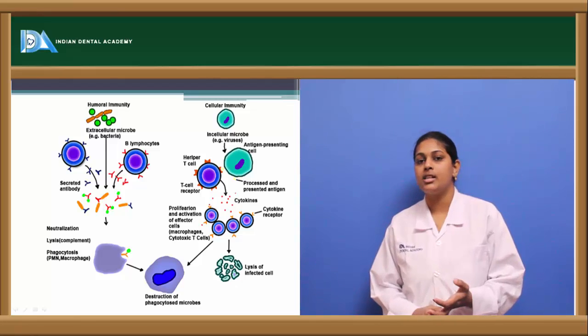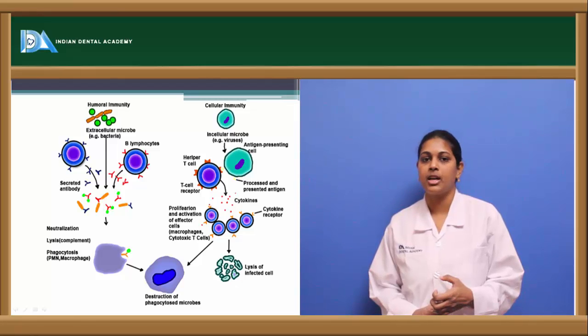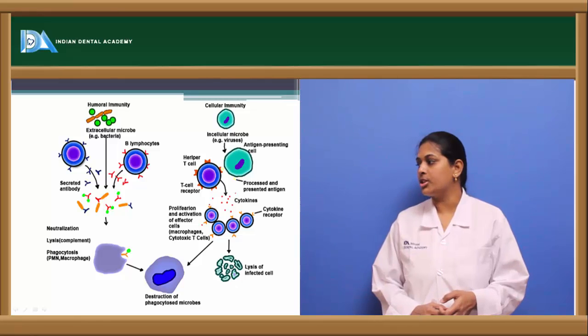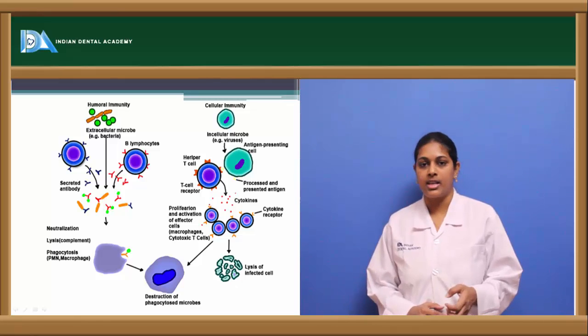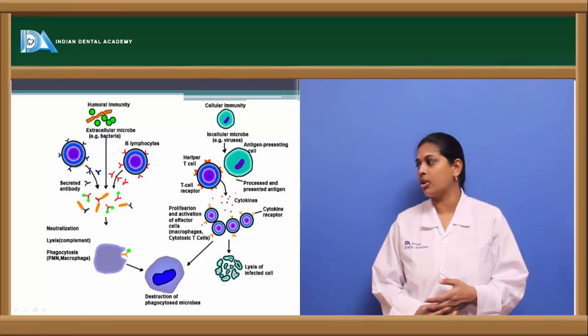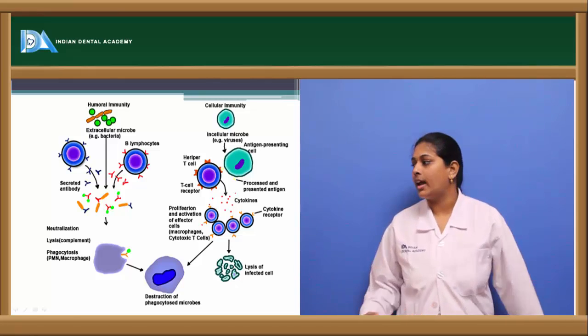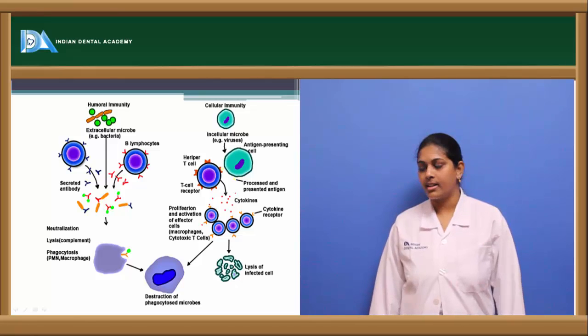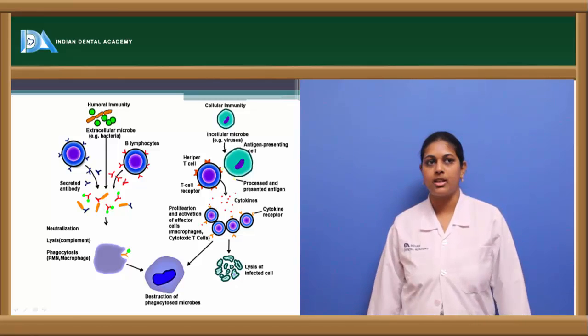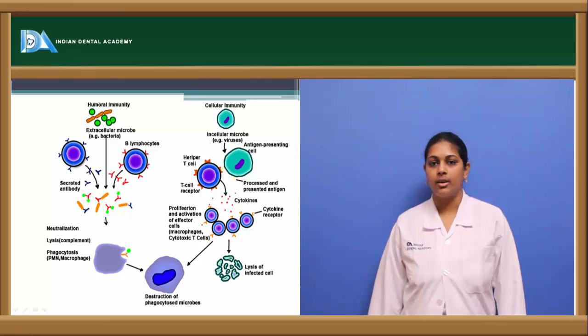The T helper cells, which contain the specific receptors, that is the CD4 plus cells, release the cytokines, and these cytokines attract to the receptors present on the T lymphocytes and cause the proliferation and activation of the effector T cells, and they cause the lysis of the infected cell and result in phagocytosis. This is what happens in cell-mediated immunity.